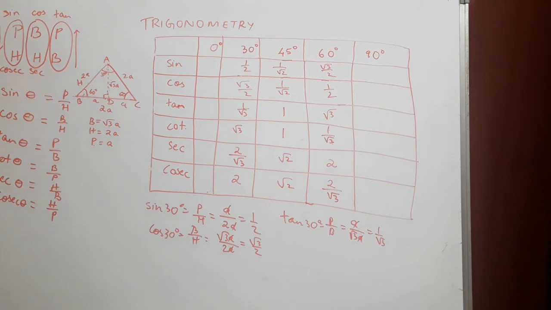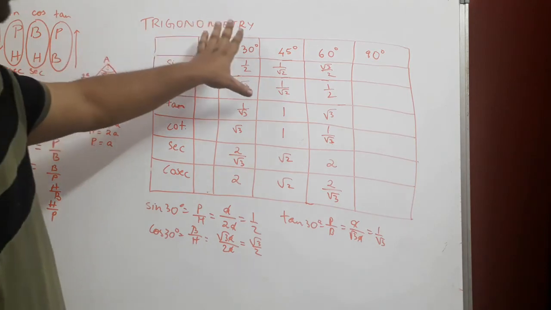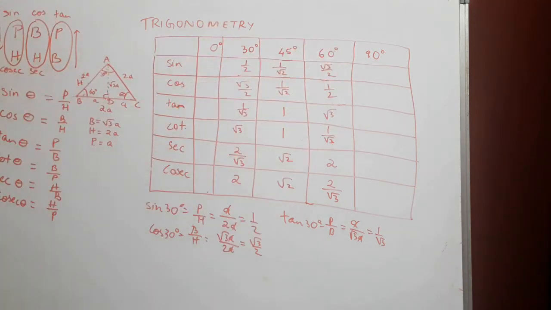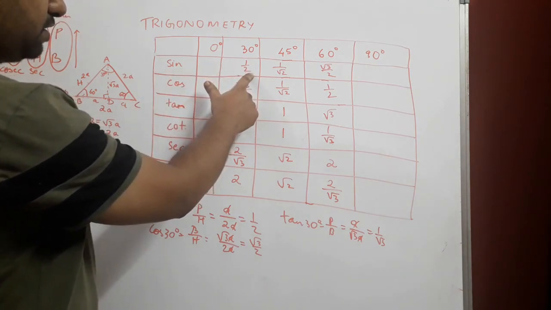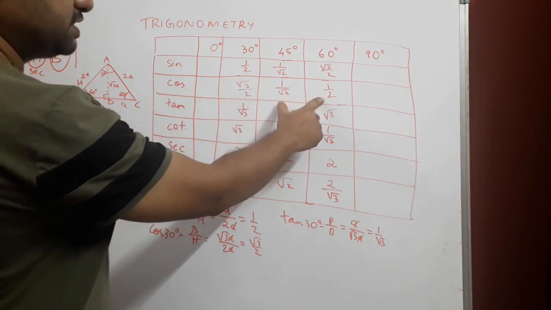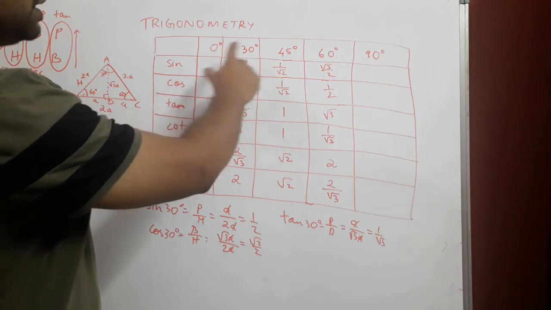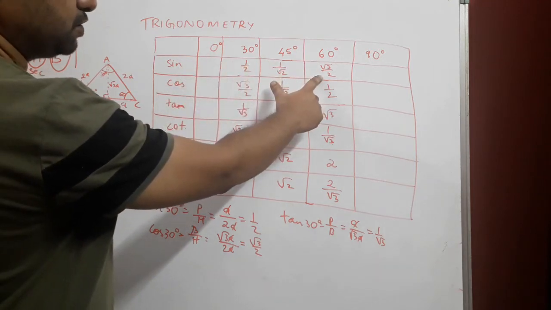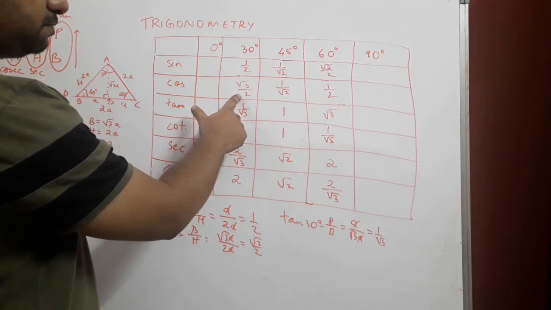Now, the important part to analyze and reflect on is comparing 30 degrees and 60 degrees. Sine of 30 degrees is half, but cos of 60 degrees is also half. Sine of 60 degrees is root 3 upon 2, but cos of 30 degrees is root 3 upon 2.